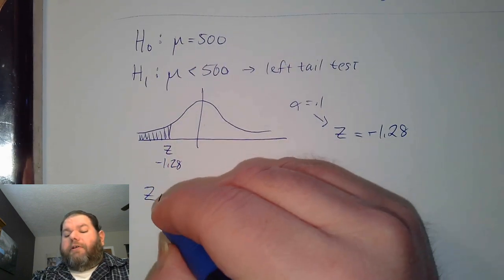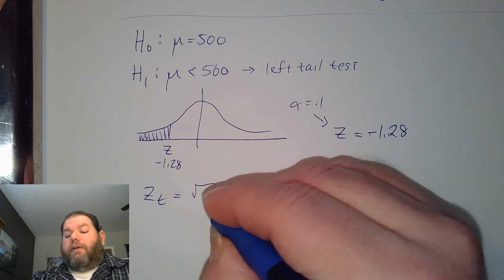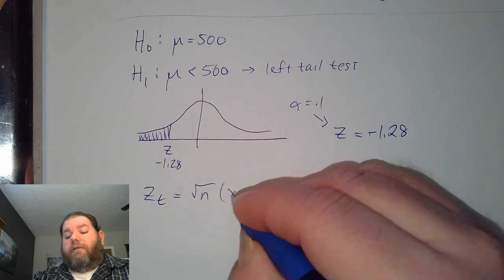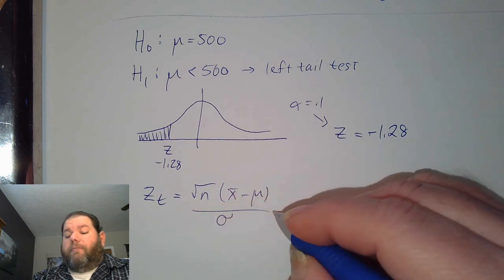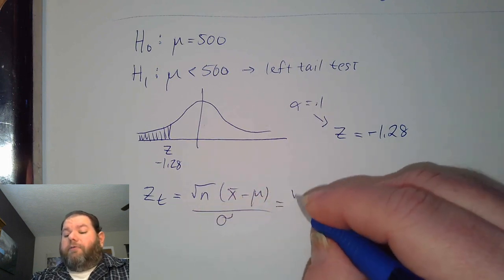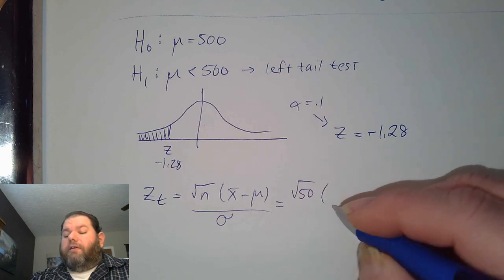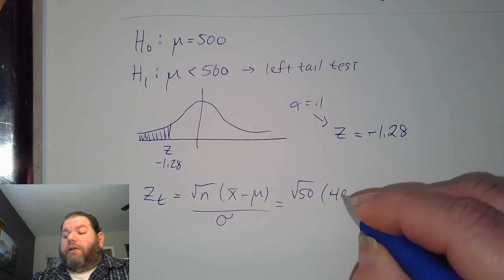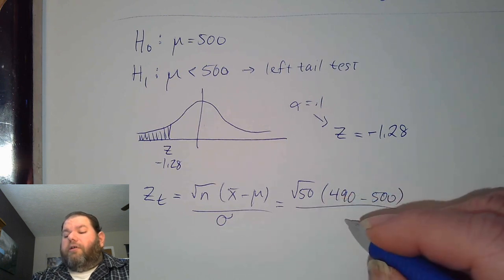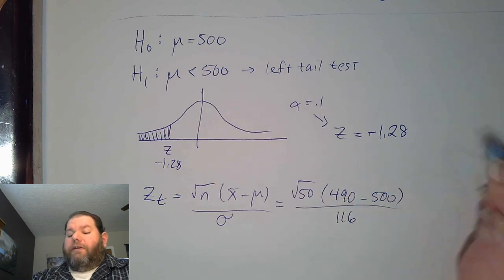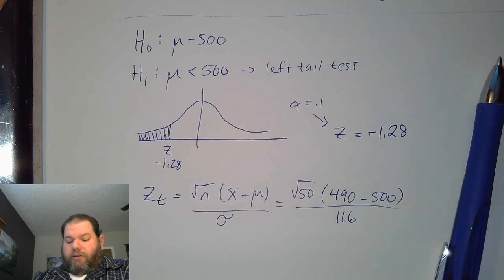Okay, so we calculate our test statistic ZT, and this is where we're going to find out how successful I was in altering this problem. So we get square root of 50, and then we have 490 minus 500 divided by 116. So put that into the calculator.